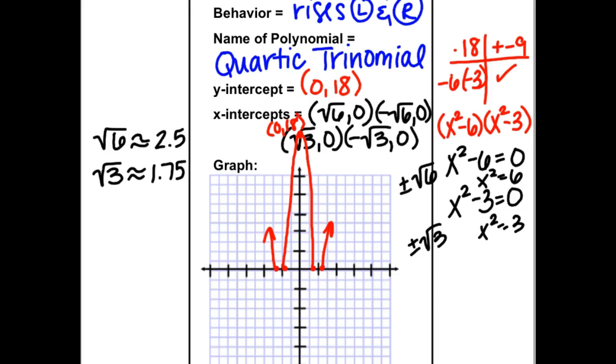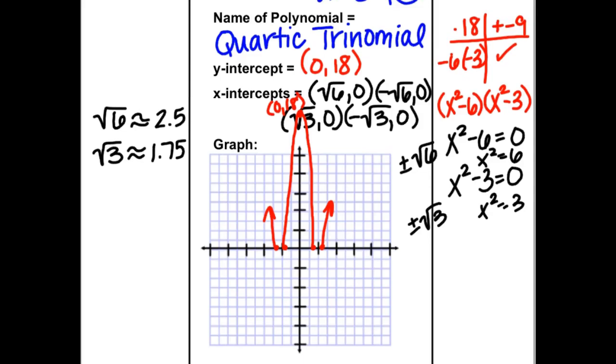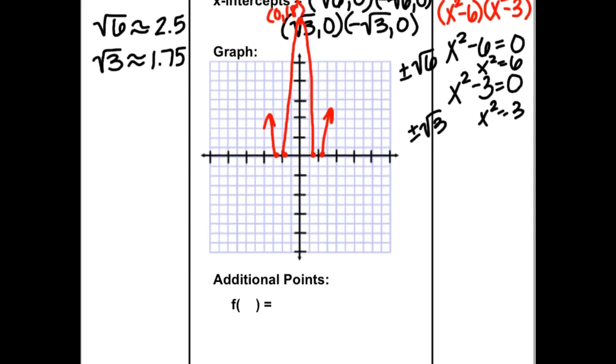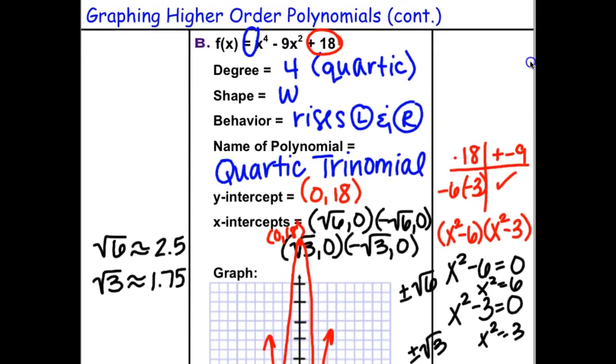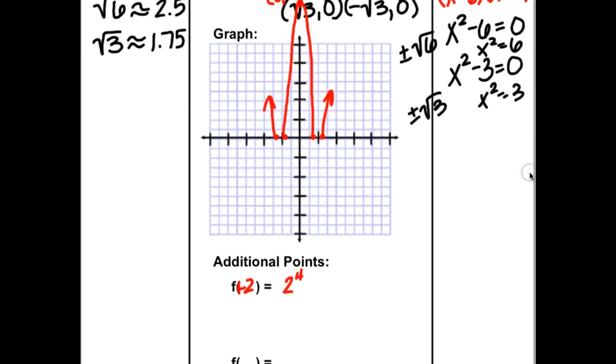And so the nice part is that 2 and negative 2 are pretty well in the middle. We know they're also going to have the same value. So I'm going to do positive 2. If I do positive 2, I have 2 to the 4th, my equation real quick, minus 9 times 2 squared plus 18. So 2 to the 4th is 16. 2 squared is 4 times negative 9 is negative 36 plus 18.